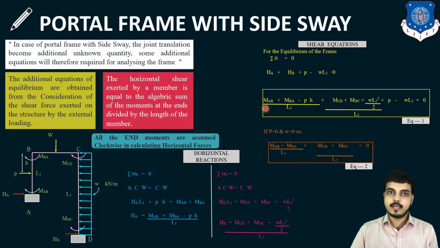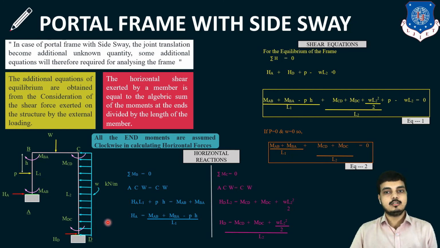So it says MAB plus MBA minus P into H upon L1, plus MCD plus MDC plus W into L2 square by 2 upon L2, plus P minus W into L2 equals 0. This is my shear equation for this particular frame, for this particular kind of loading.